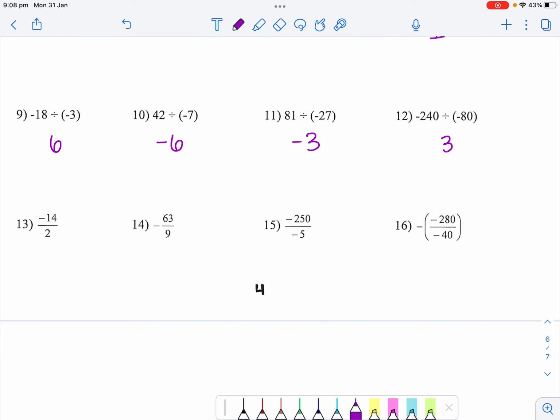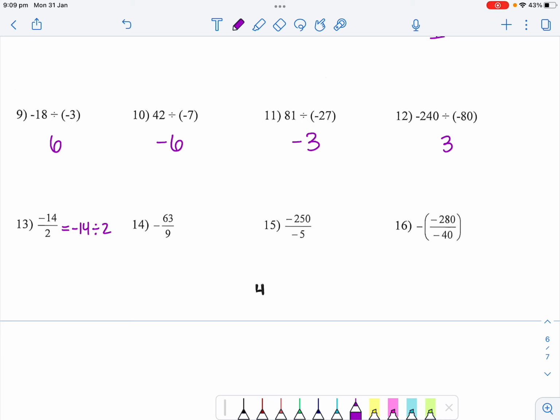Now, these ones that are written as fractions, you guys have asked me before at times when we've written our fractions why I associate the negative with the top. This content gives you a better understanding of why I do that. So here you can see that the negative 14 is on top. This is the same as saying negative 14 divided by 2.